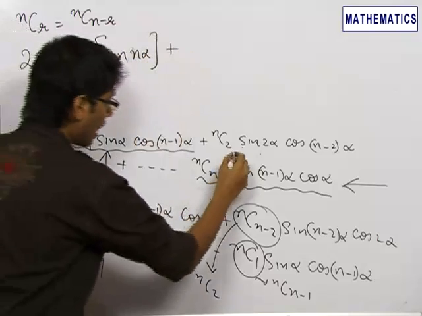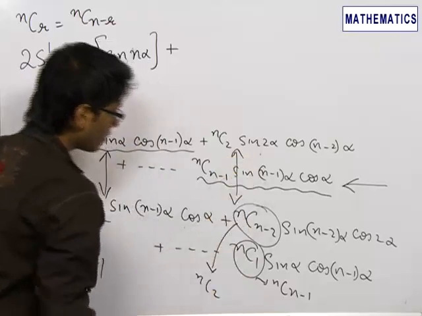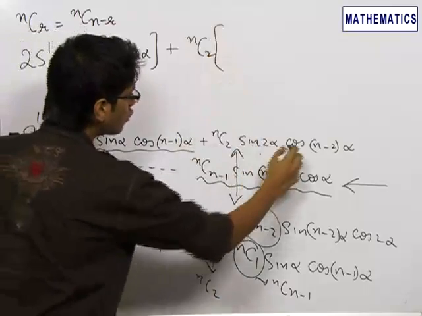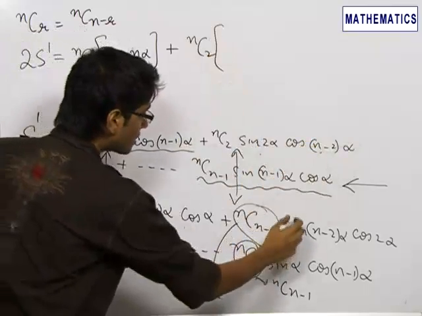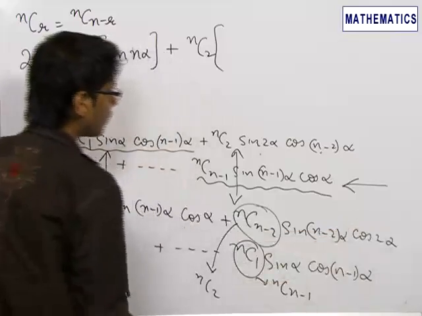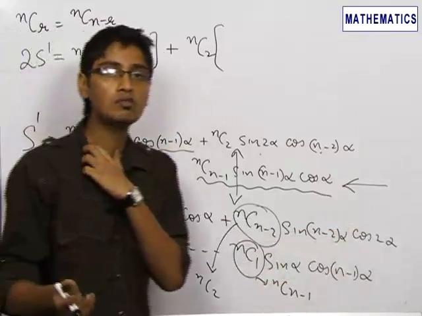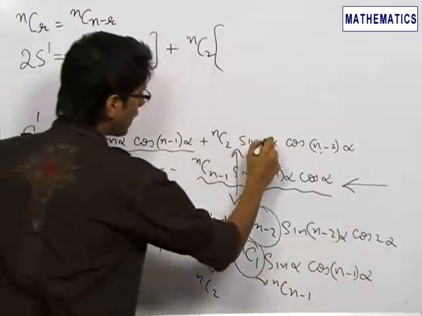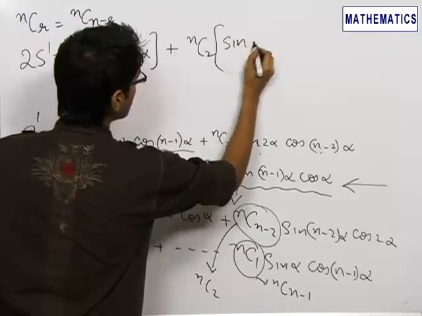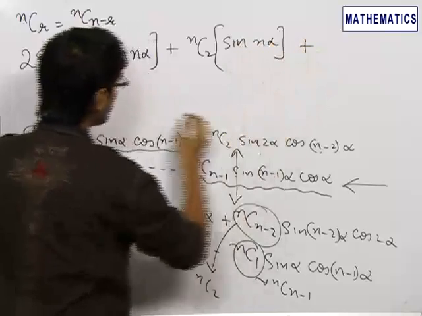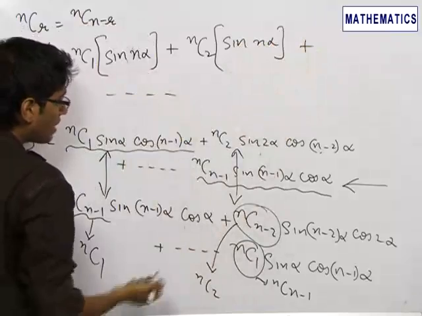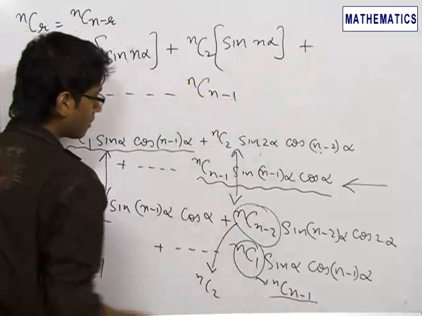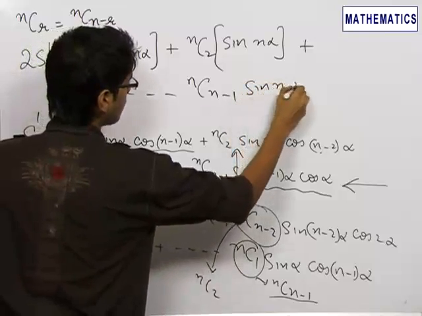Similarly, again we add vertically downwards to get NC2 times sin 2 alpha into cos of n minus 2 alpha plus sin of n minus 2 alpha into cos 2 alpha, which is again the formula of sin A cos B plus cos A sin B, which is sin of A plus B. So again the sin of A plus B becomes sin of n alpha. Going in the similar fashion, we can very clearly and obviously say the last term will be equal to NCn minus 1 sin n alpha.